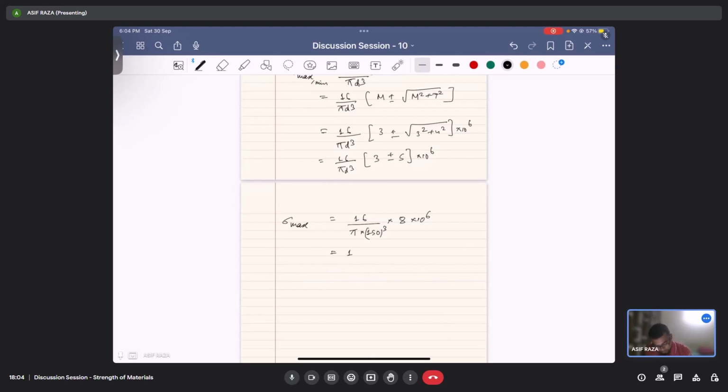This is equal to 12.07 Newton per mm square, and minimum will come out to be 16 into pi 150 cube into 3 minus 5, that is minus 2 into 10 power 6, and it would be divided by 4.